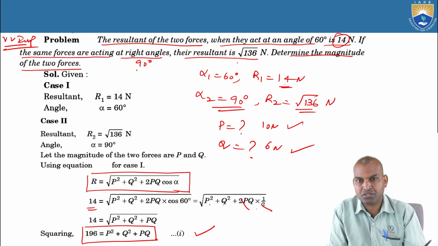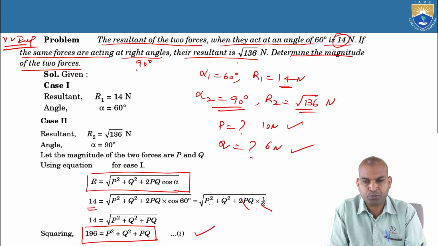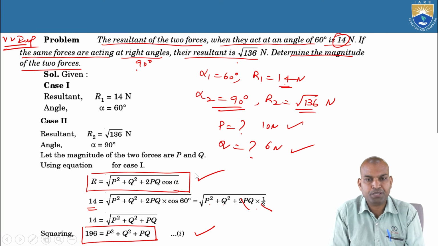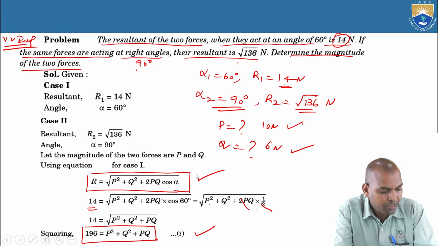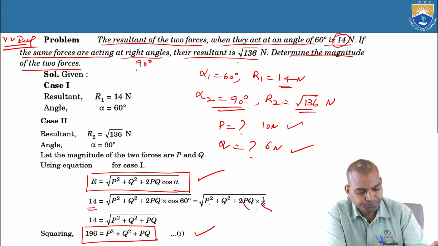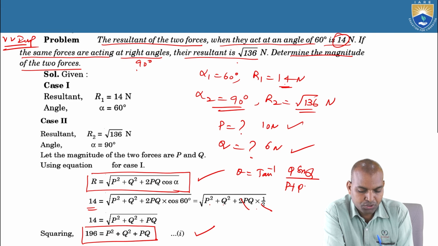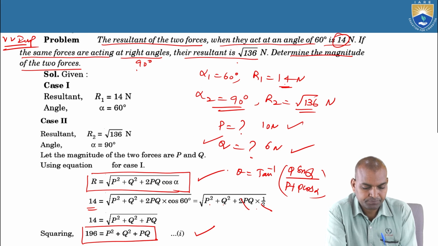We used the derived expressions: resultant force equal to under square root of P square plus Q square plus 2PQ cos alpha, and also the direction, tan inverse of Q sine alpha by P plus Q cos alpha. These two derived expressions.